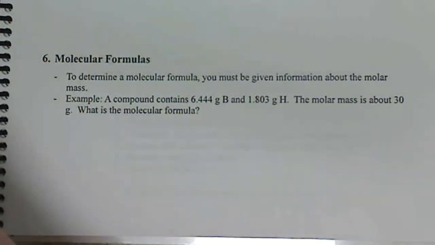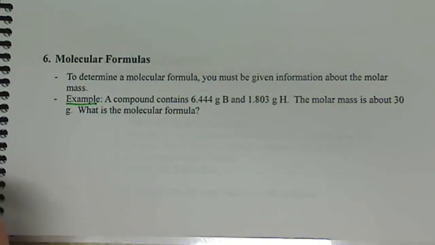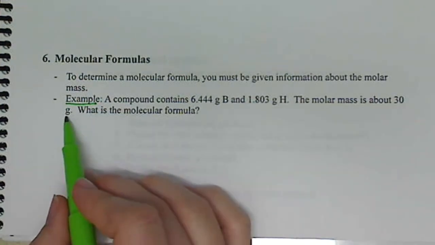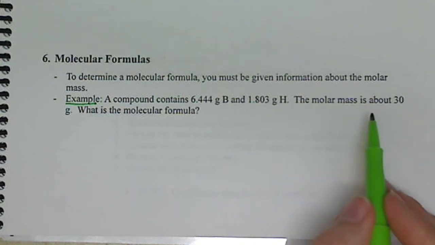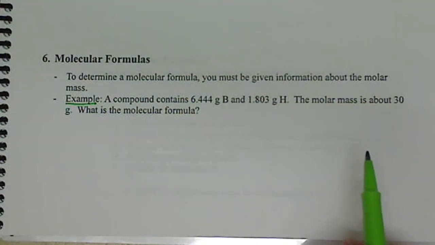To do a calculation like this example here, we're going to have to follow the steps to determine the empirical formula. Then we'll use this statement here, the molar mass is about 30 grams, to figure out what we need to multiply our empirical formula by to figure out the molecular formula.